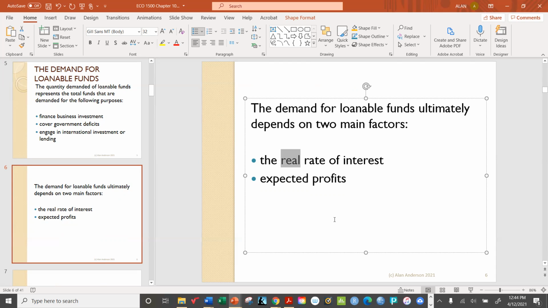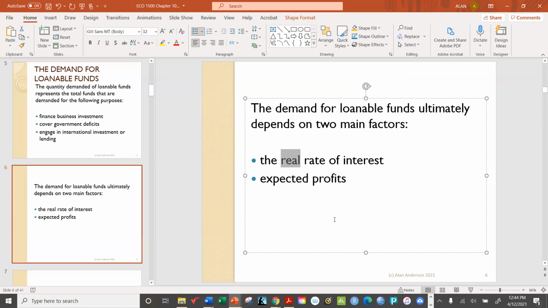And so you don't have to sacrifice a lot of consumption or purchasing power in order to borrow money. And then you're probably going to go out and possibly invest in projects, or as a consumer, you might want to use that opportunity to buy a house or a car.